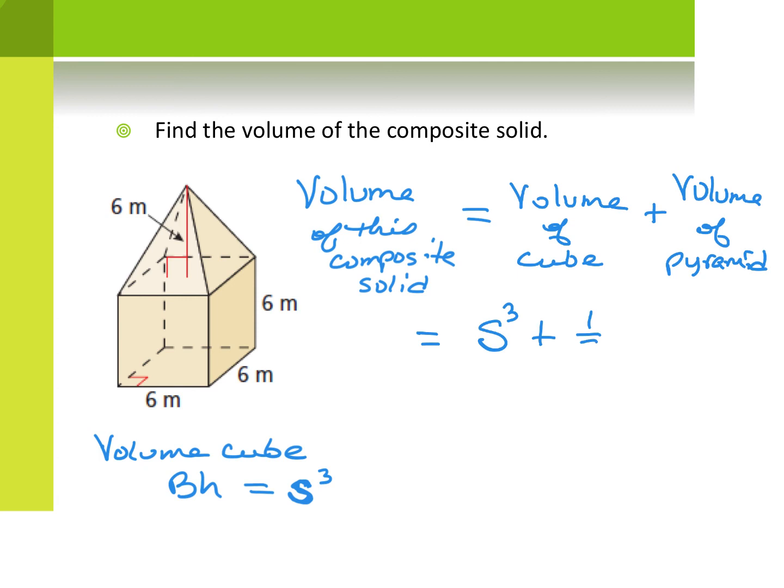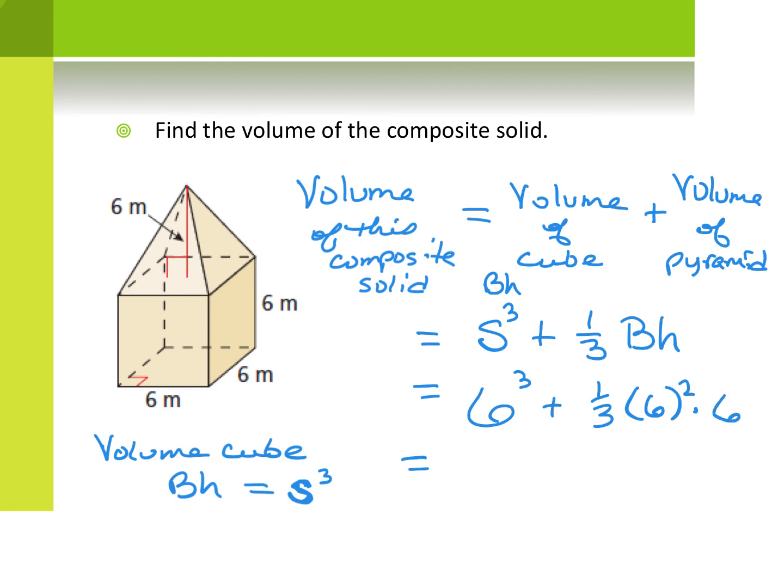Volume of my pyramid is going to be 1/3 base times height. Now, if side to the third power confuses you, you could just do capital BH as well. So my side length is 6. My base area of the square pyramid, again, is a square. So it's 6 times 6, or 6 squared, times the height of the pyramid, which is also 6.